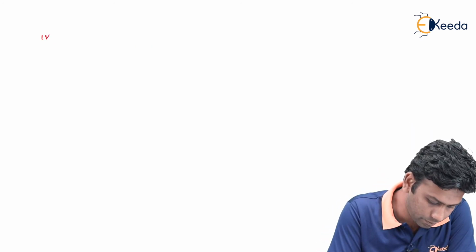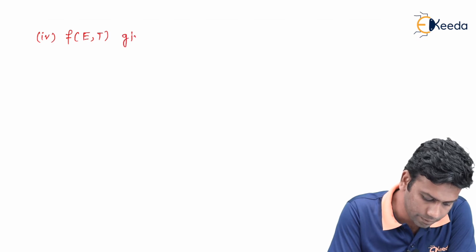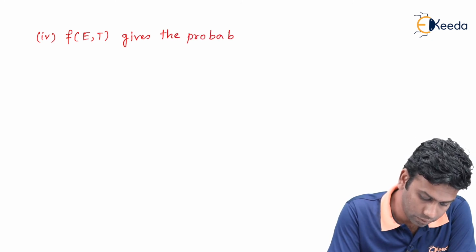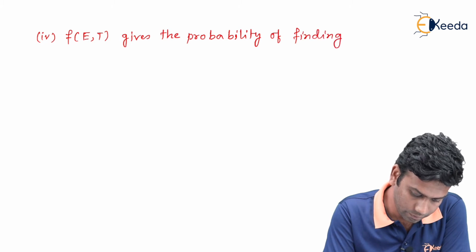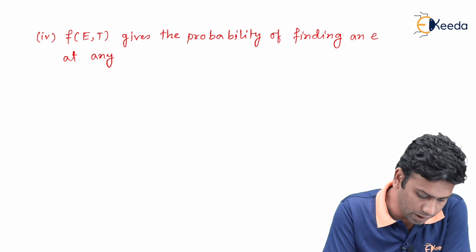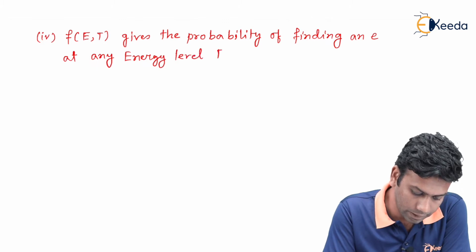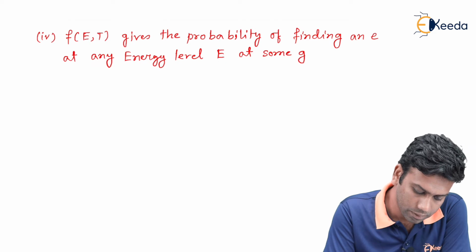And the fourth statement is that F of E, T gives the probability of finding an electron at any energy level capital E at some given temperature capital T.